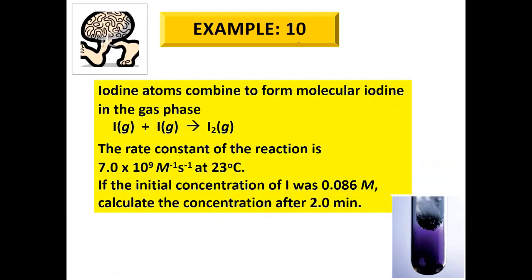Now we proceed to example 10. Example 10 basically involves an iodine atom plus an iodine atom to produce I2. The rate constant of the reaction is 7 times 10 to the power of 9 M negative 1 s negative 1 at 23 degrees Celsius.